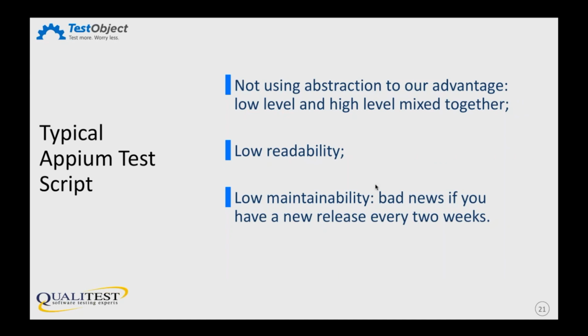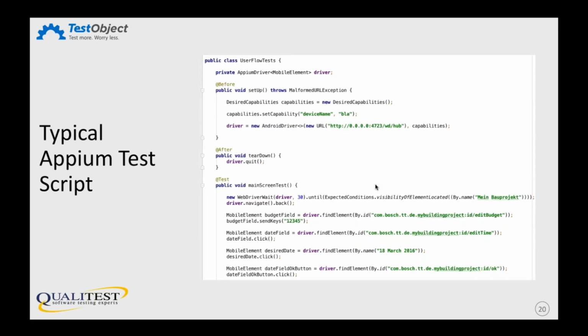So imagine that you are having a working release of your app every 2 weeks, which happens very often in an agile environment. If that is the case, this is really bad news for you. You have to improve this. Otherwise, maintaining this will cost really too much effort.